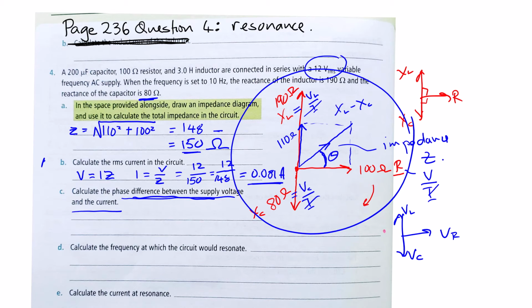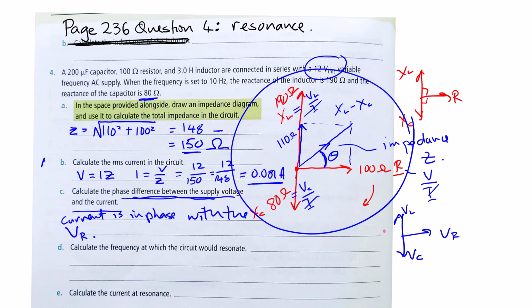And remember, the current is in phase with the voltage over the resistor, because there's no capacitive or inductive effect in the resistance. So let's then use this.